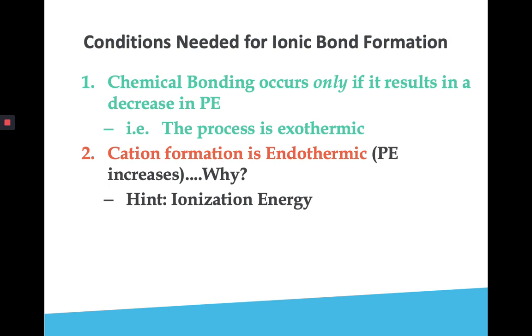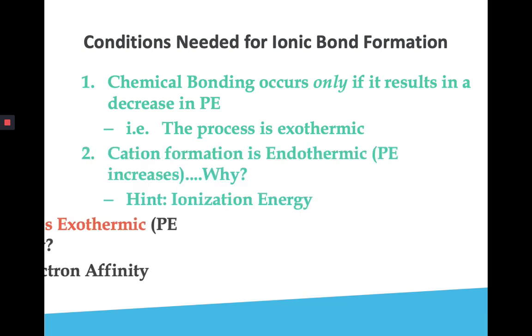Okay, and then why is that? Your hint will be in terms of ionization energy. So metals usually have low ionization energy, but you must supply that energy such that the electron will be removed. All right, so that is in terms of cations.